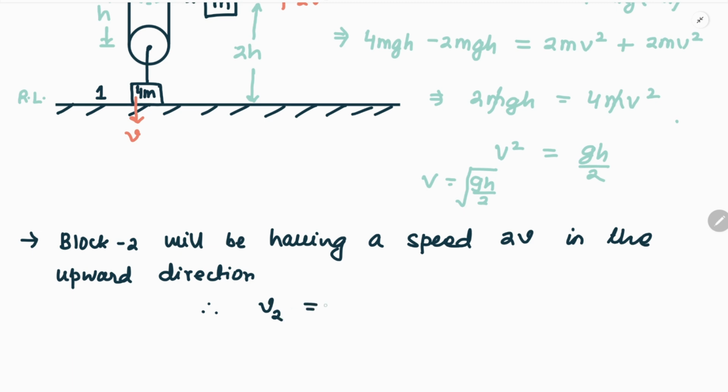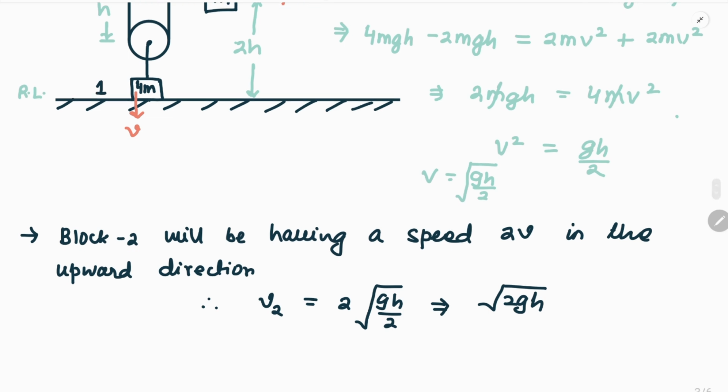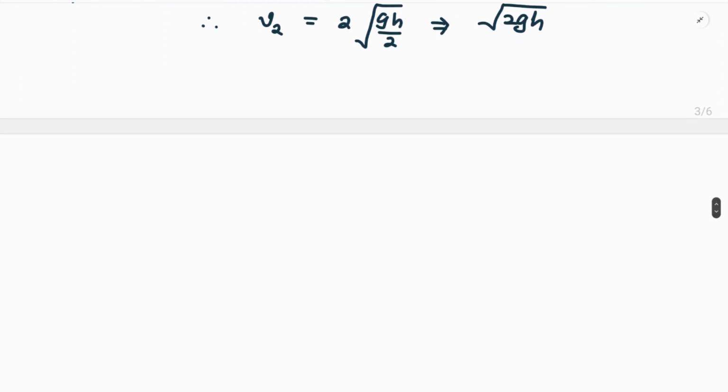Therefore, twice the root of gh by 2, this can be written as root 2gh. So this is the velocity which block 2 is having, and from here onwards block 2 is in a state of fall under gravity.